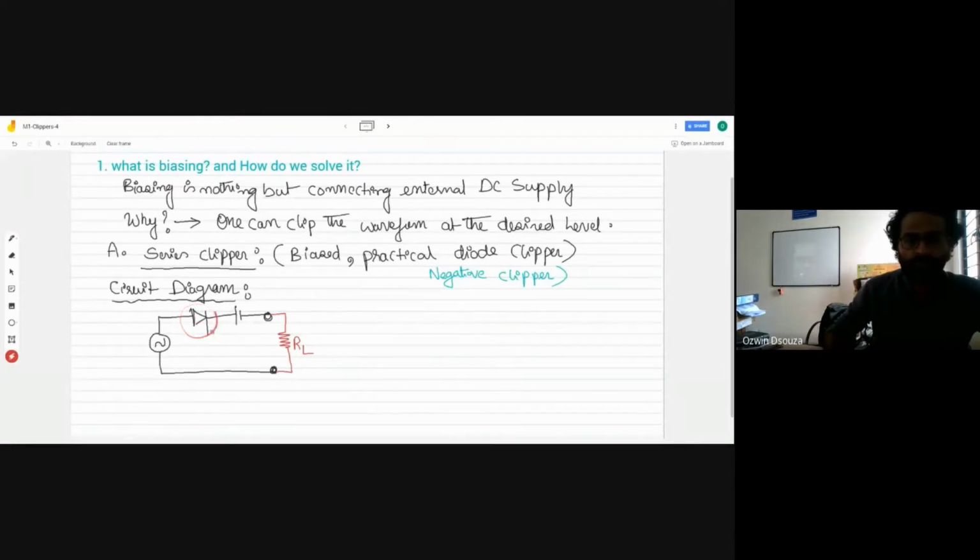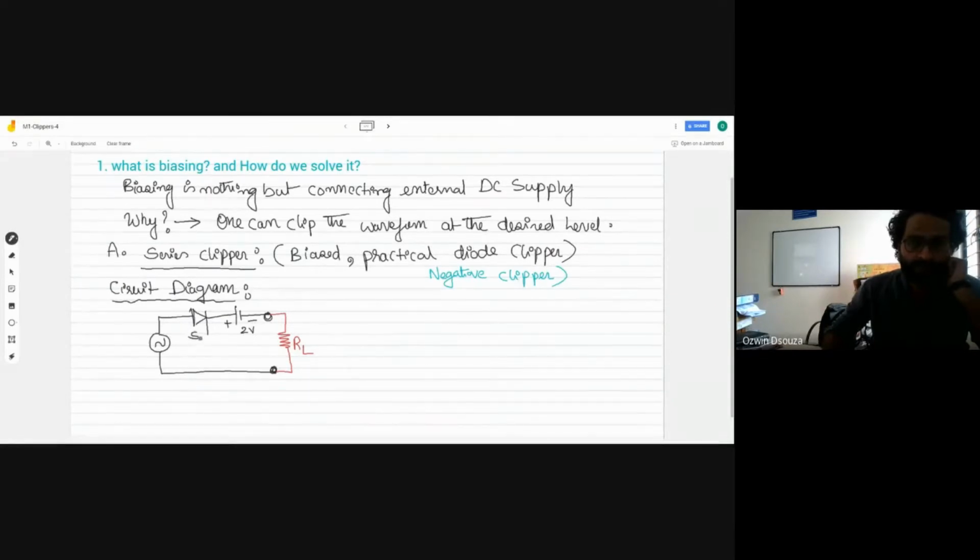You have a diode, and this diode is connected in series with an external DC supply. Let's say the external DC supply has a potential of 2 volts, so this is minus and this is plus. So 2 volt is the external source voltage.